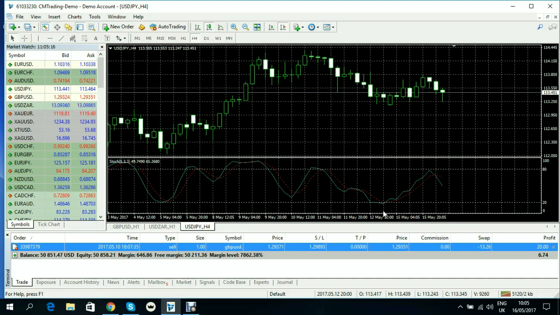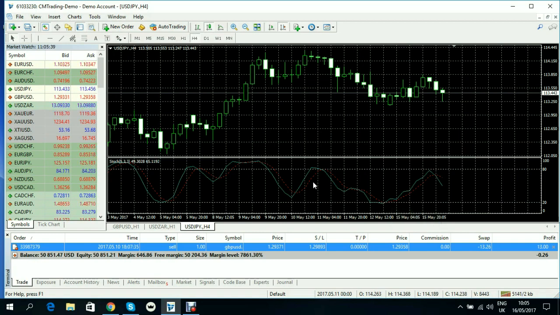So let's just wrap up the stochastic indicator. The stochastic indicator is used to indicate overbought and oversold conditions.